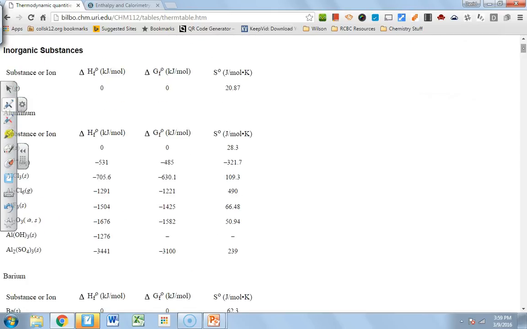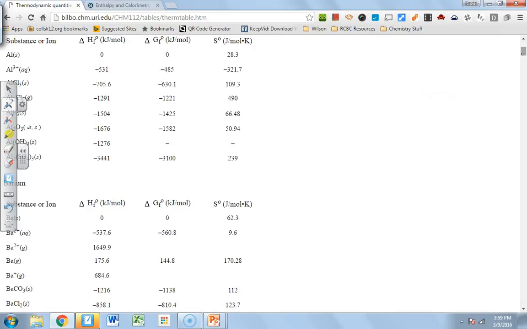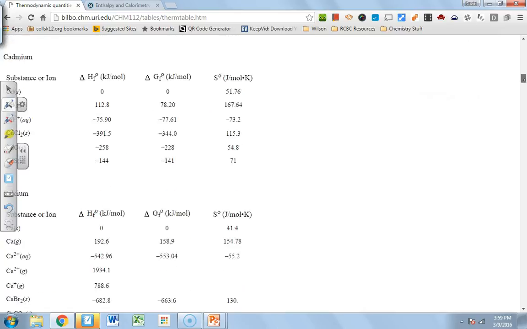If we notice, every delta H that is given is the delta H of formation. That's because of the nature of formation reactions, which are broken down so simply to their elements, so we can use the delta H of formation for all of these things.